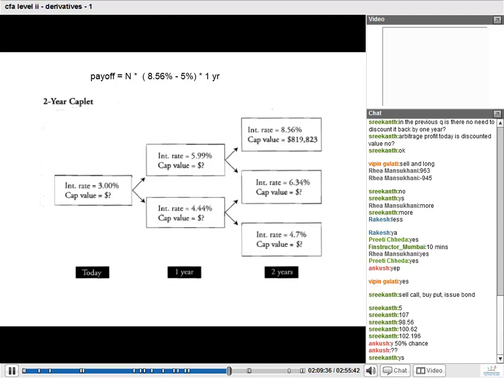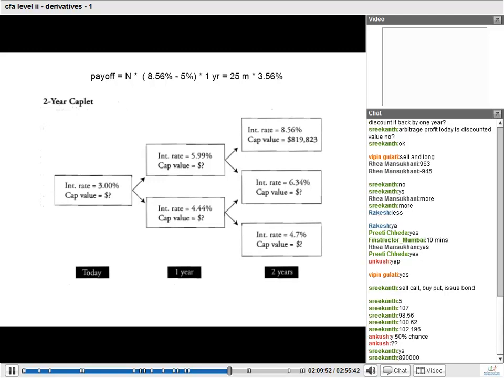So compute the payoff, it will be 25 million times 3.56%. It comes out to be $890,000.